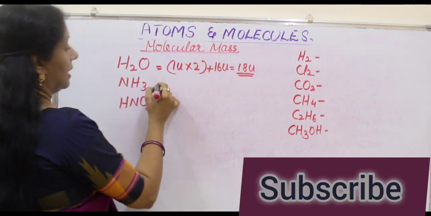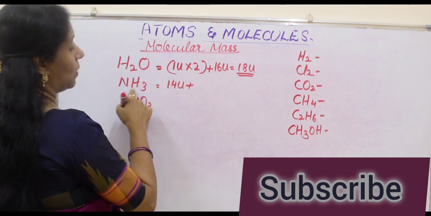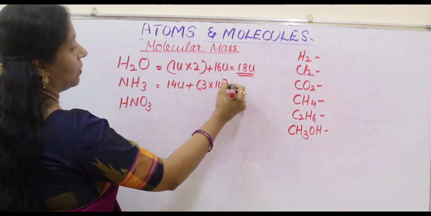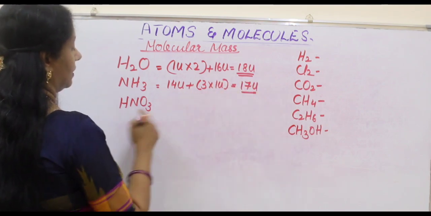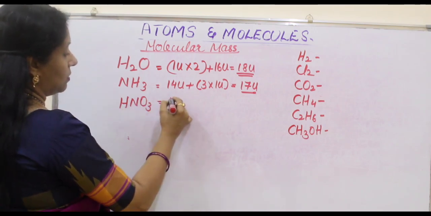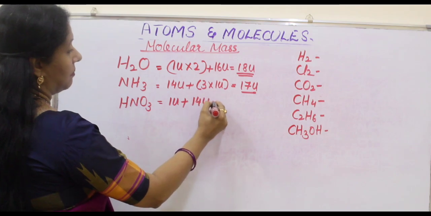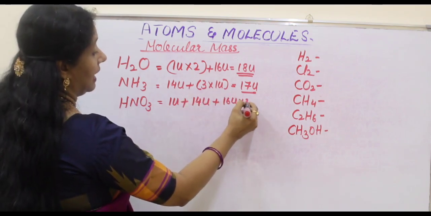Ammonia, NH3. Nitrogen is 14U plus hydrogen is 1 but 3 are there, so 3 into 1 unit. So how much will you get? 17 units altogether. Now this is nitric acid, HNO3. Hydrogen is 1 unit plus nitrogen is 14 units plus oxygen is 16 units, and 3 are there.